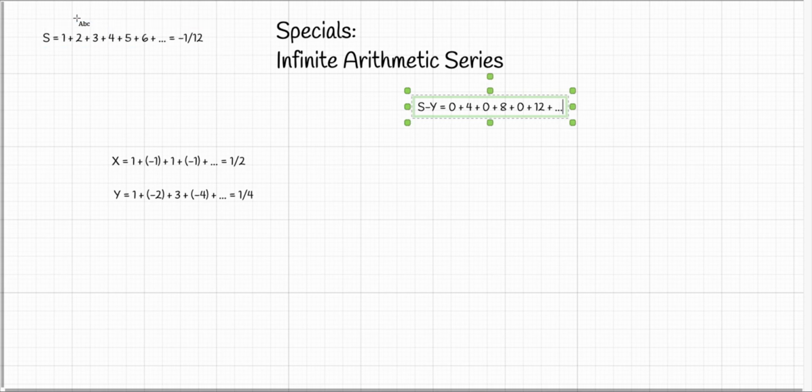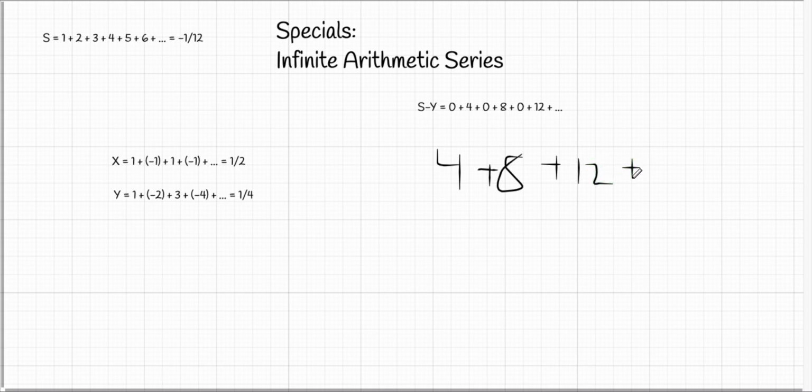If we continue this, again, we can discard the zeros, and we're left with 4, 8, 12, and so on. Now, this looks a bit familiar. If we can factor out a 4, it's basically equal to 4 times 1 plus 2 plus 3, and so on, all the way to infinity.